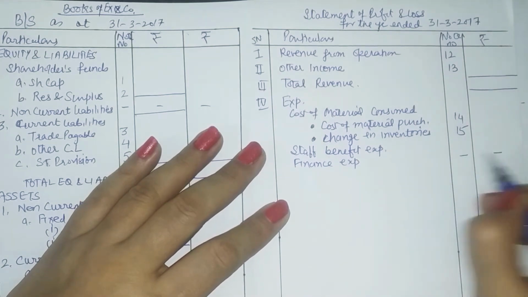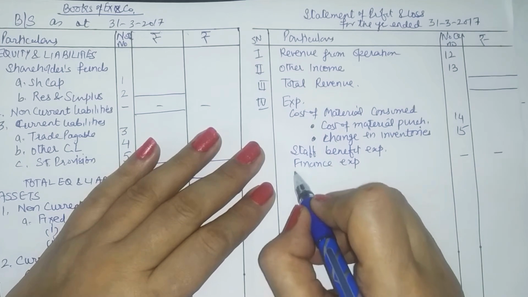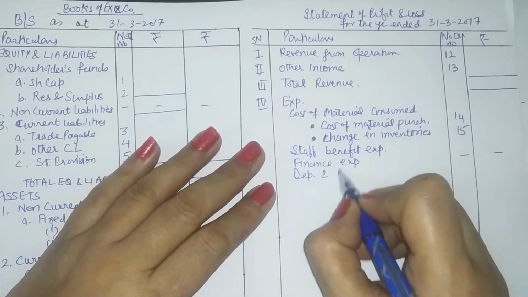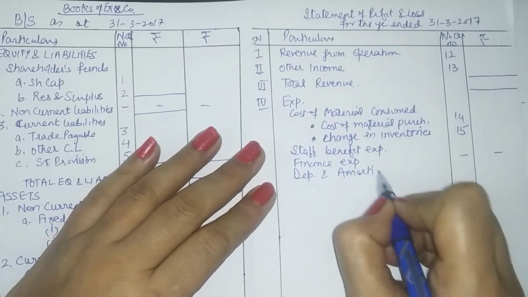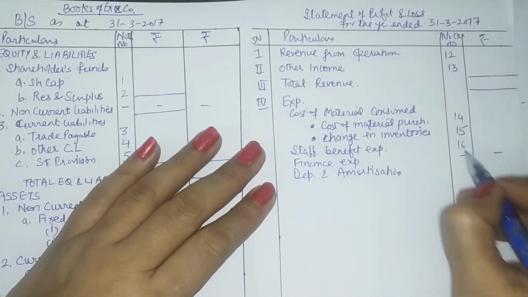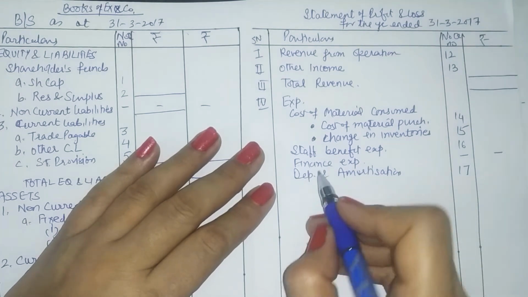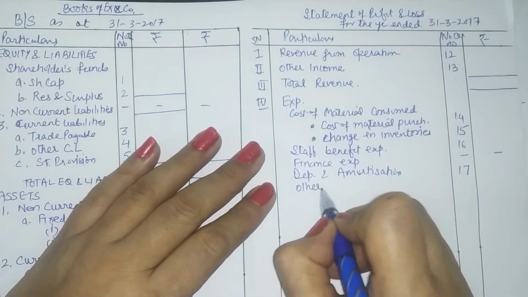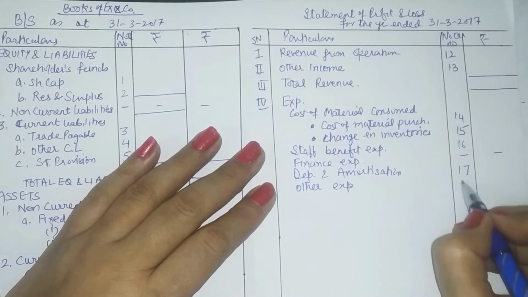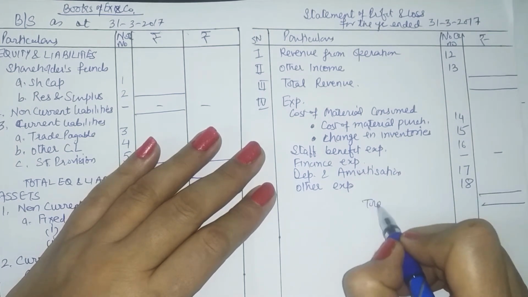Okay, so it will be put as nil. Next category is depreciation and amortization. Now, if any category is not there, we can delete that also. Alright. So 16, 17. So we can leave this finance expenses. Then you have all other expenses coming under other expenses. Alright. So this will give you total expense.